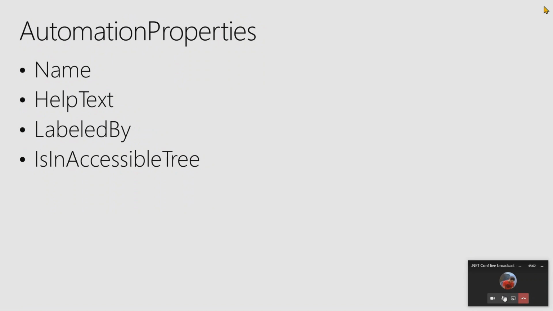Help text is a hint to the user on how they should interact with this control. They should double tap to activate. They should swipe up and down to choose a value. They should drag and drop this item. It's something that you can send, more context to the user so they can do something.